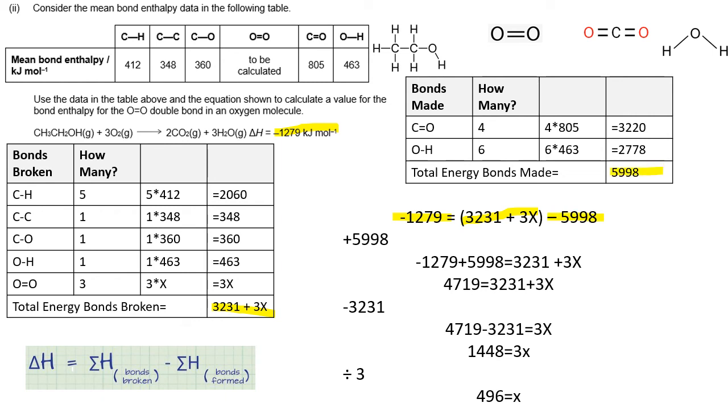So you can see I've rearranged this equation to make x the subject, and I get a value of 496 kilojoules per mole for x. If you put negative 496, you would have only got 1 mark out of 3, but 496 gives you 4 marks.